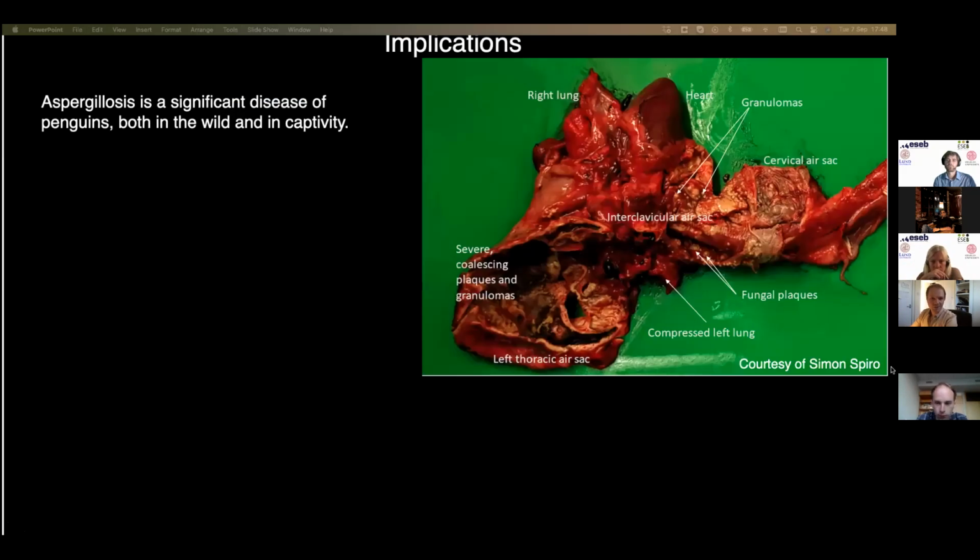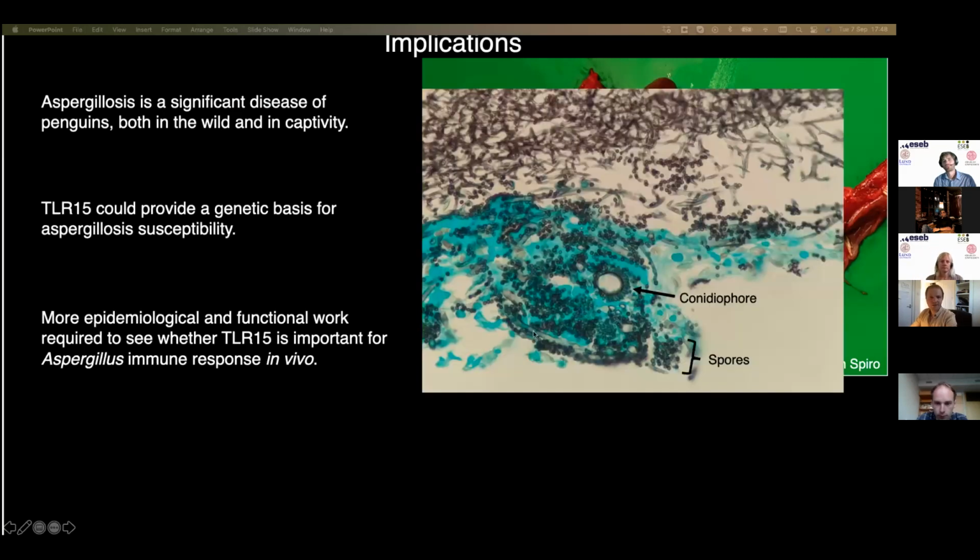So this is courtesy of one of my co-authors, who's a veterinary pathologist, Simon Spiro. It causes thickening of the air sacs and widespread granulomas throughout all of the viscera, and it usually leads to death. And you can see from the histology the extent to which infectious spores are produced by conidiophores in the air sacs, meaning infectious particles can be exhaled from an infected individual.